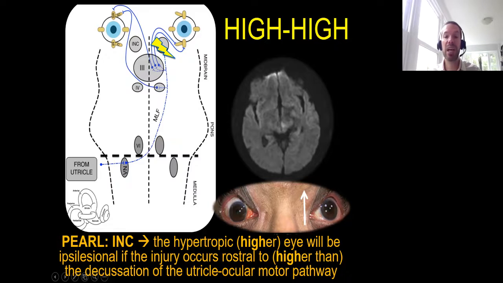If you have a left INC stroke, you'll have features of the INC syndrome, where you might have spontaneous torsional nystagmus. You might have vertical gaze-evoked nystagmus because the interstitial nucleus of Cajal is responsible for vertical and torsional gaze holding as well. So it's all about the company it keeps, but a skew deviation can absolutely have localizing value.